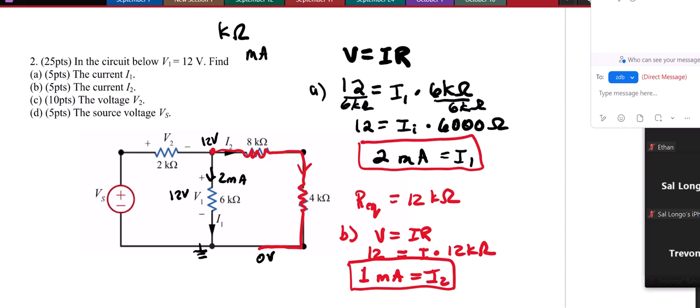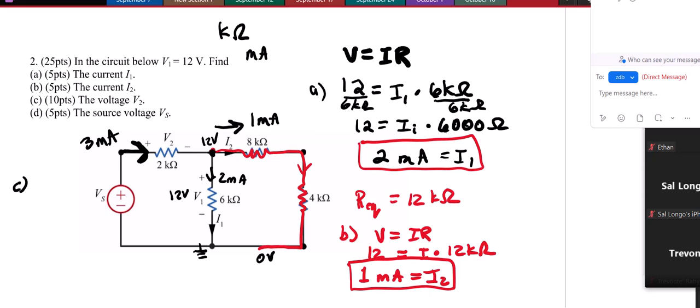One thing I'm going to go ahead and fill in because I know it now: if I2 is 1 milliamp, then by KCL, the current in this branch has to be 3 milliamps, because coming into this node I have to have the same current coming in as going out. That will help me with part C, the voltage V2.